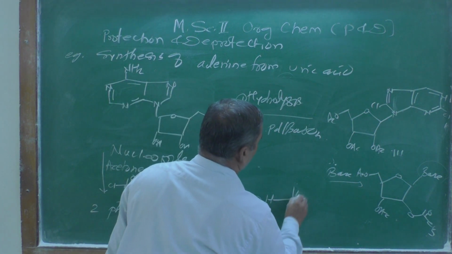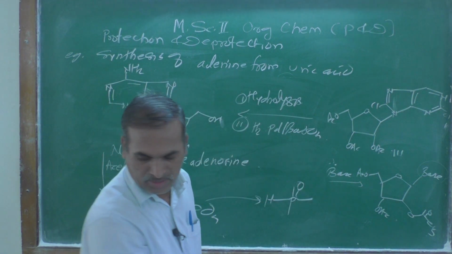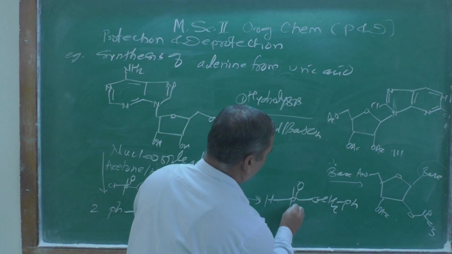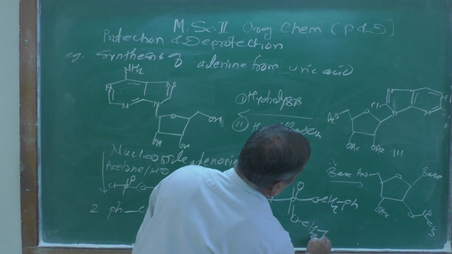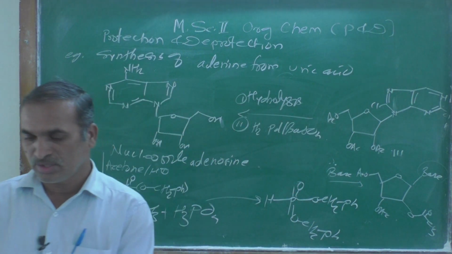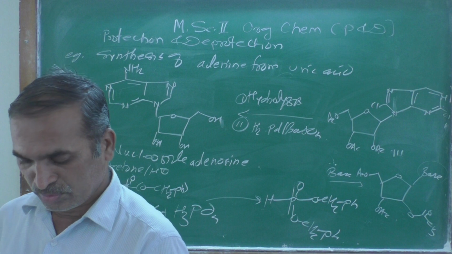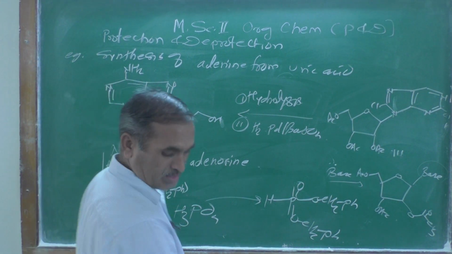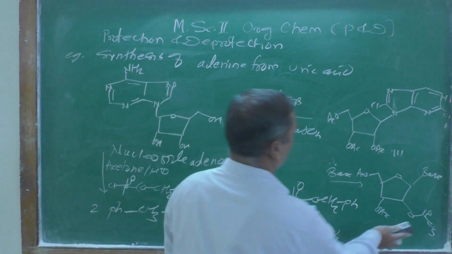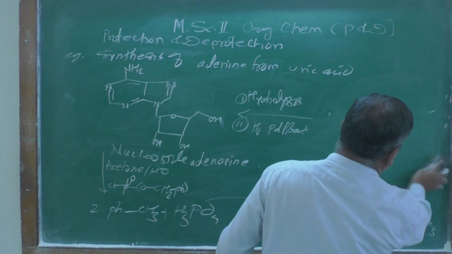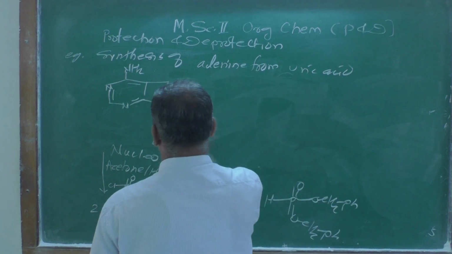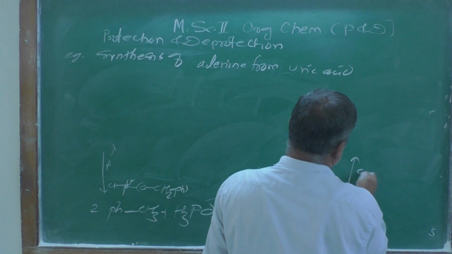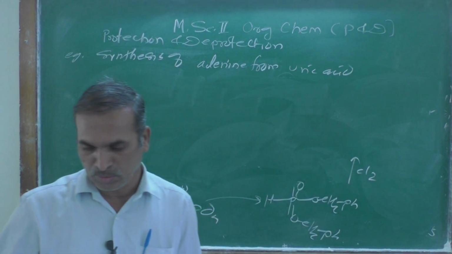and this is further treated with H, P double bond O, then this one OCH2Ph, then another one OCH2Ph. This is the unit you are going to get over there, and after that this is further treated with Cl2, chlorination.